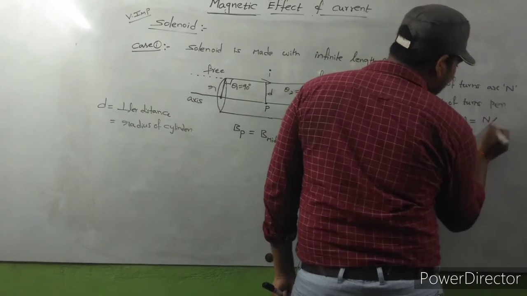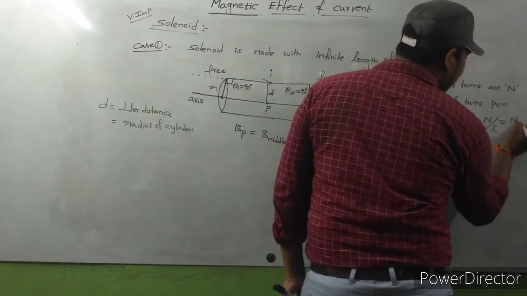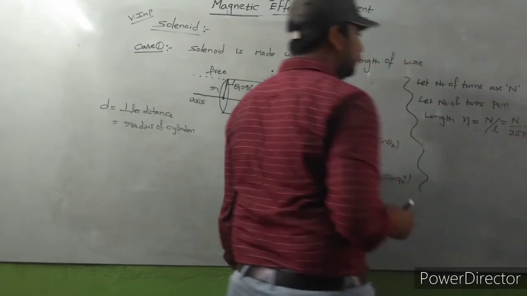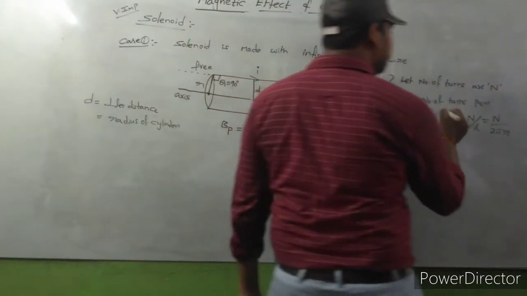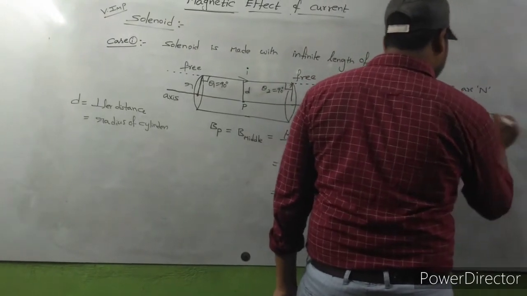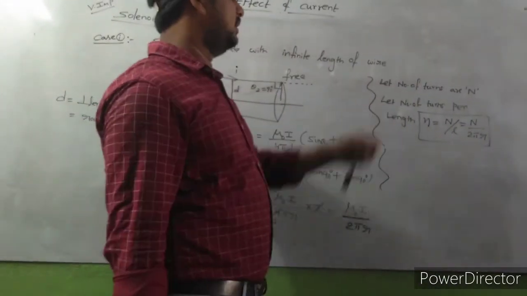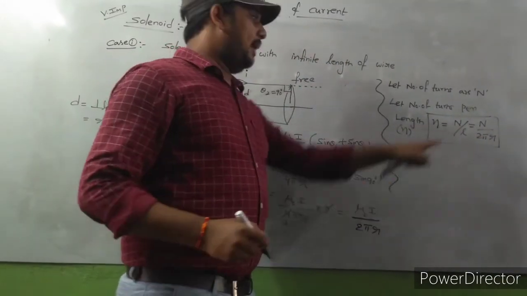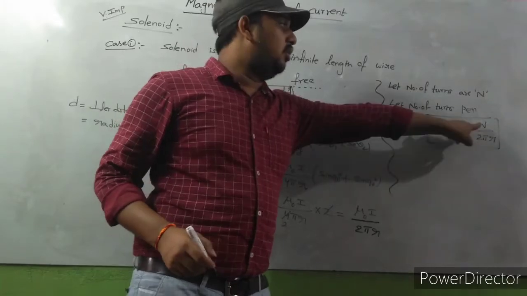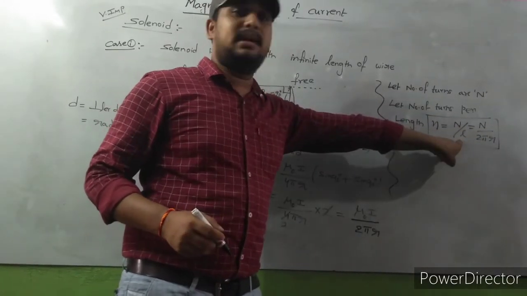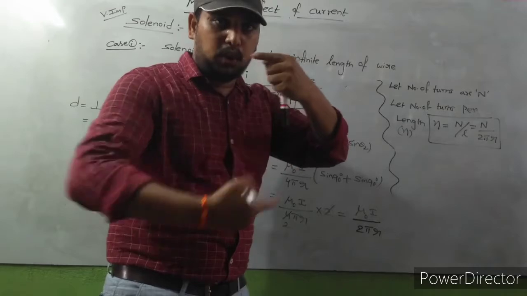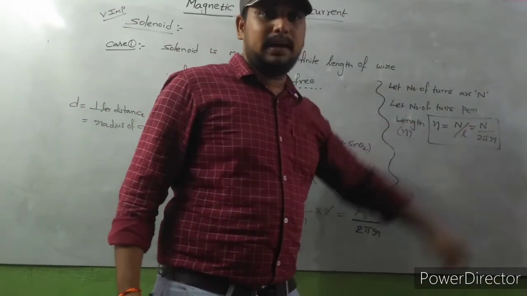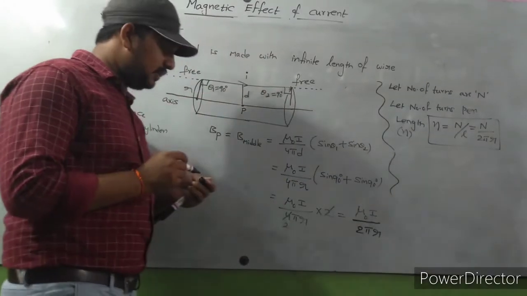Small n is equal to capital N by L, that is N by 2 pi R, because length is nothing but the circumference of that circular loop shape. So L means here the circumference of the circle, 2 pi R.